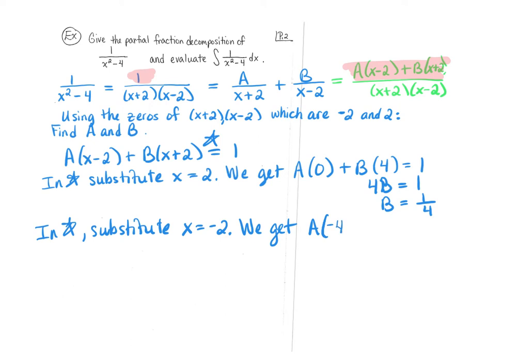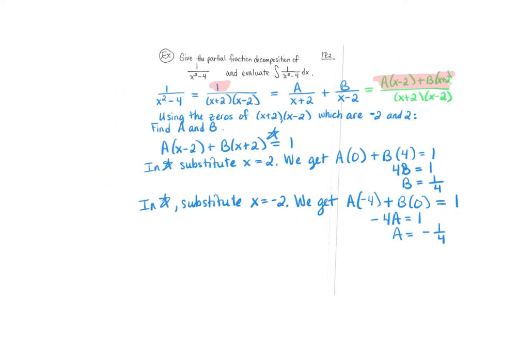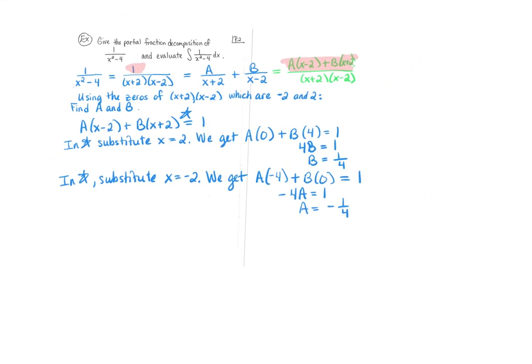So a times -4 plus b times 0 equals 1, which means -4a is equal to 1, or a is equal to -1/4. So now we found a and we found b. Perfect. So all of that to say that we have the following.